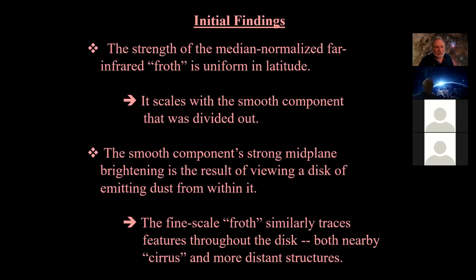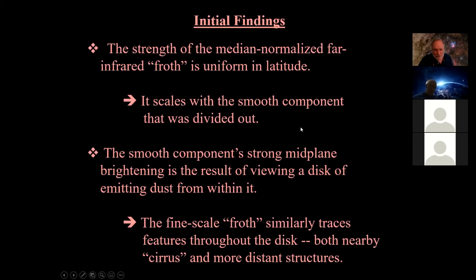But already we can see that the strength of the froth is uniform in latitude. It's a continuous carpet from the midplane all the way up to higher latitudes. That means that it scales with the smooth component that was divided out. So it's stronger near the midplane, just as the smooth component is stronger.